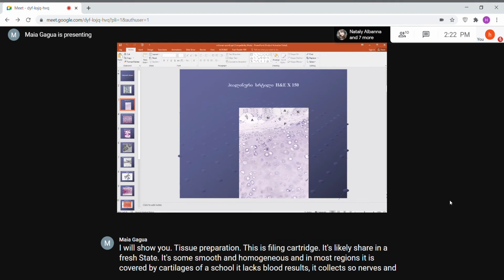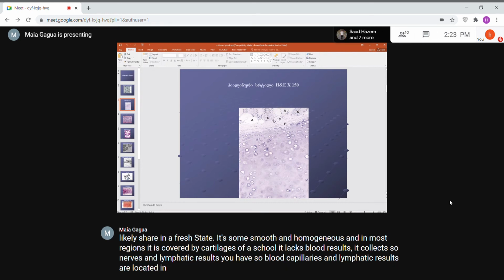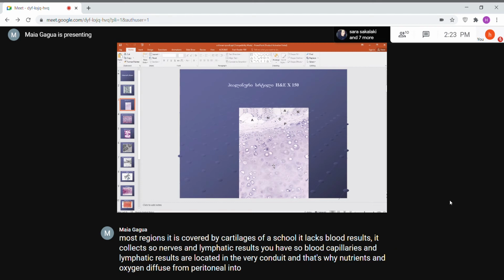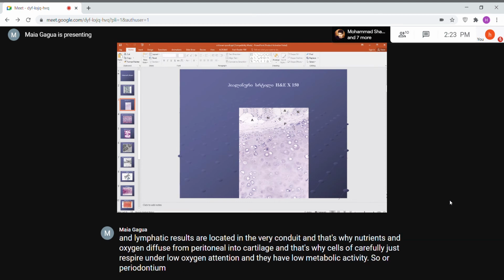Nerves, blood capillaries and lymphatic vessels are located in the perichondrium, and that's why nutrients and oxygen diffuse from perichondrium into cartilage, and that's why cells of cartilage respire under low oxygen tension, and they have low metabolic activity. So perichondrium also provides nutrition of cartilage.